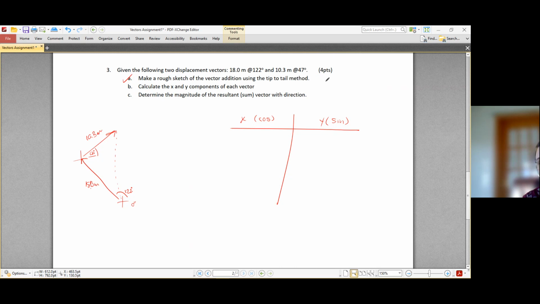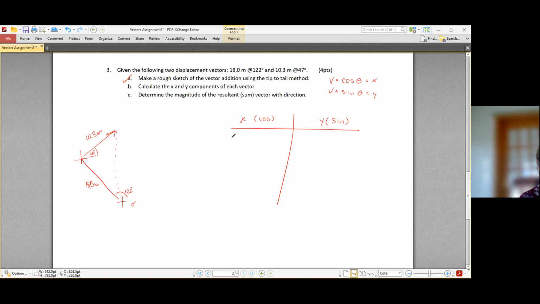The general formula we'll have is the length of the vector, or the size of the vector, the magnitude, times cosine of the angle will equal X. If we take the length of the vector times sine of our angle, we're going to get Y. You can memorize those if you want, but if you just look at what happens if the vector is between 0 and 90, you will get X is cos, Y is sine without having to memorize, just being able to draw a little picture.